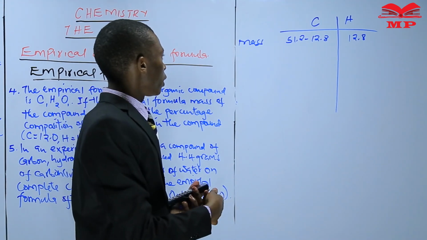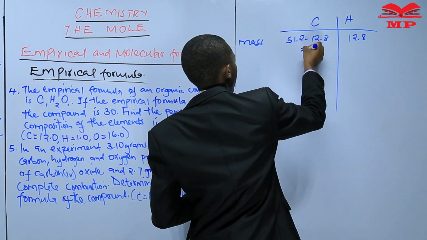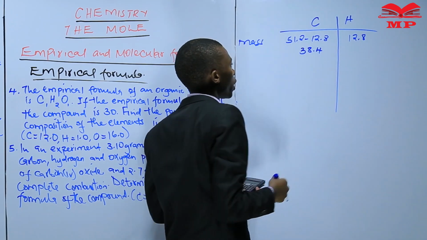This gives you 38.4. So the mass of carbon is 38.4. The mass of hydrogen is 12.8.